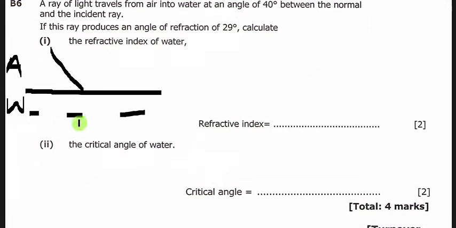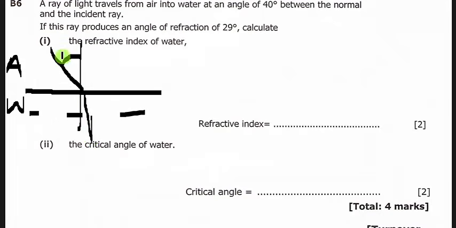The normal is a line which is at 90 degrees like this. So the angle here is 40. So this is the normal. Then when it reaches here, actually it refracts towards the normal like that.